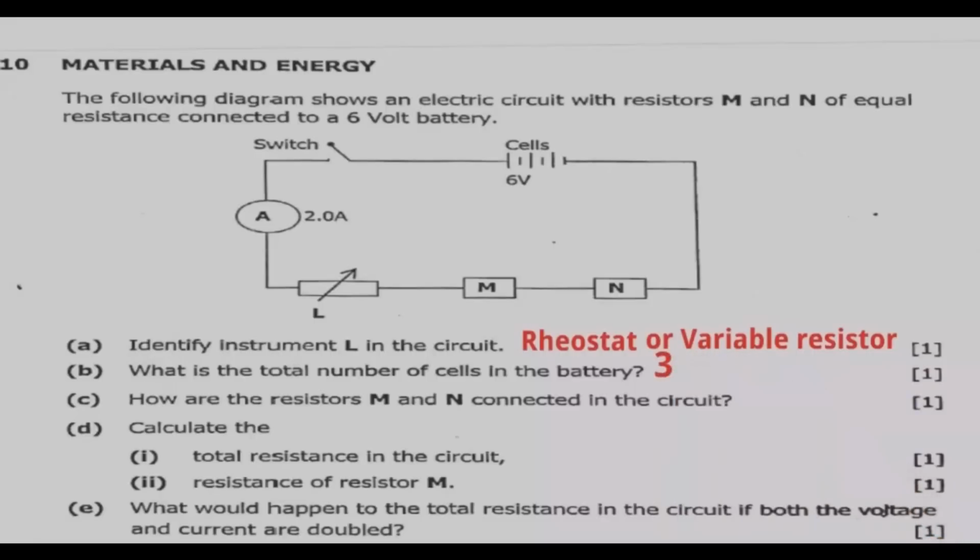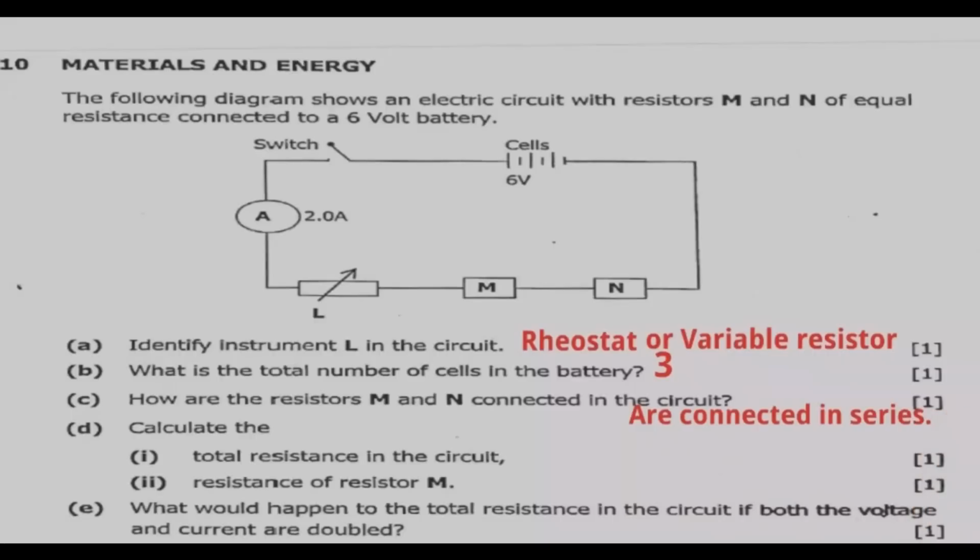We go to question C. How are the resistors M and N connected in the circuit? We can say the resistors are connected in series.